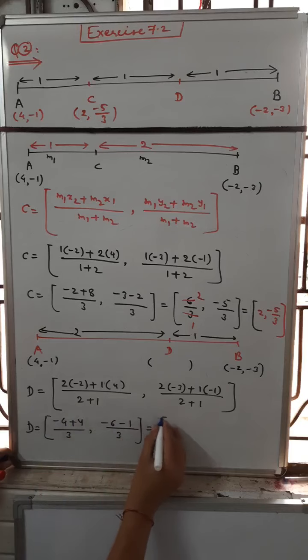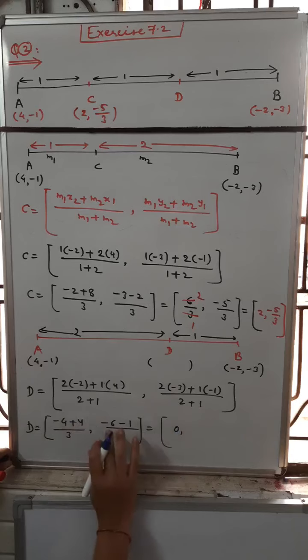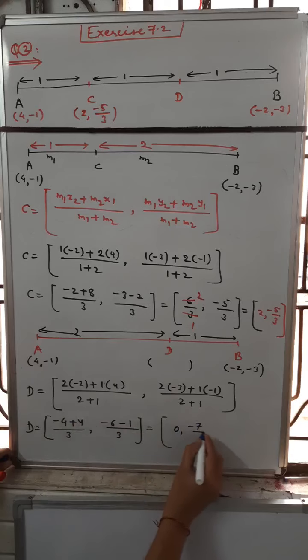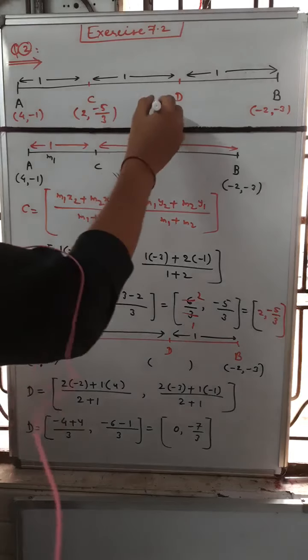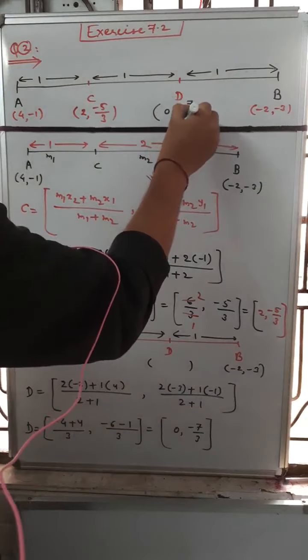So it will be equal to -4 plus 4, 0, 0 by 3 means 0, and minus 7 by 3. So we will get the point D. Here we can write (0, -7/3).